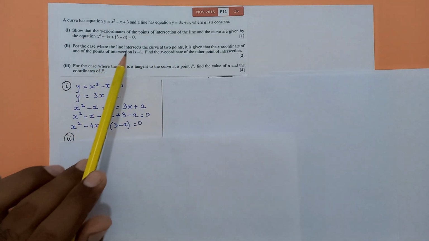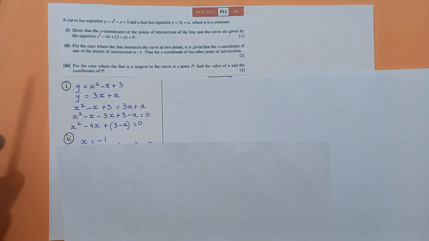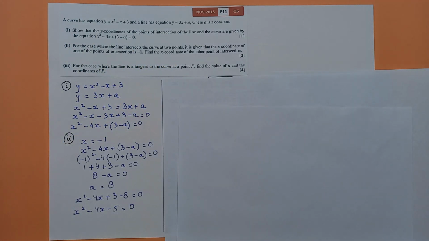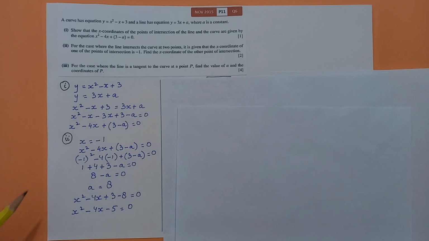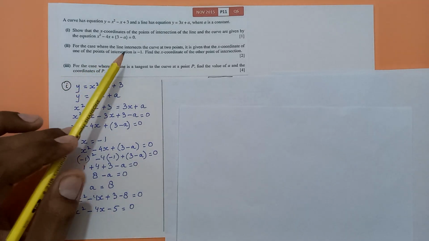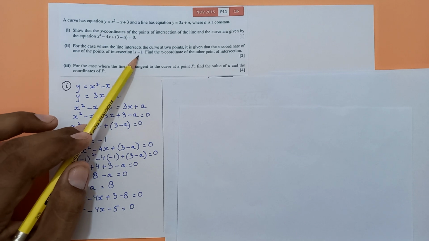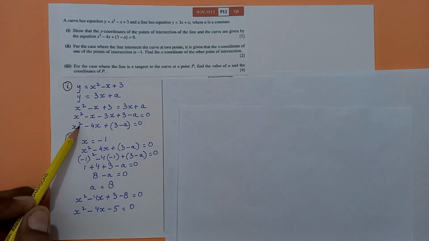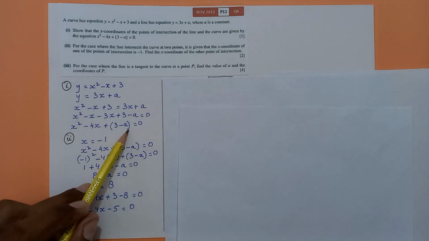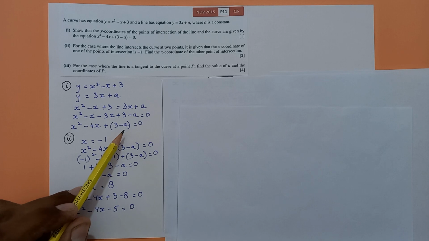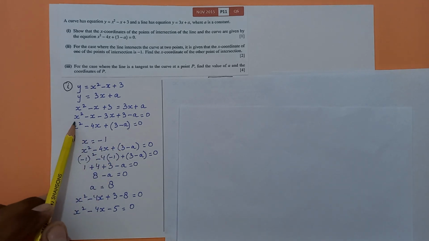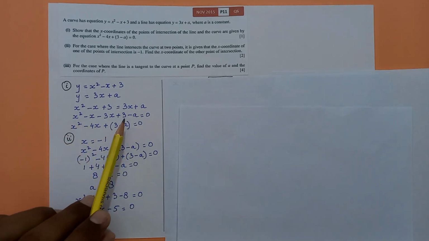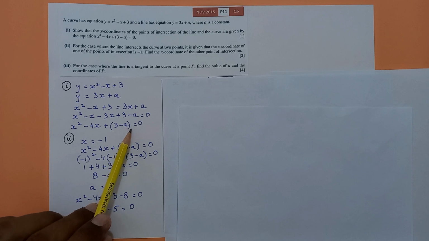They have clearly mentioned in the statement 2 points. That means we could easily find it, because they have given us a clue that one of the x coordinates is -1. Just place that -1 in the equation that we made in the first part, because the point of intersection means common, and the equation we made in the first part is based on the point of intersection.